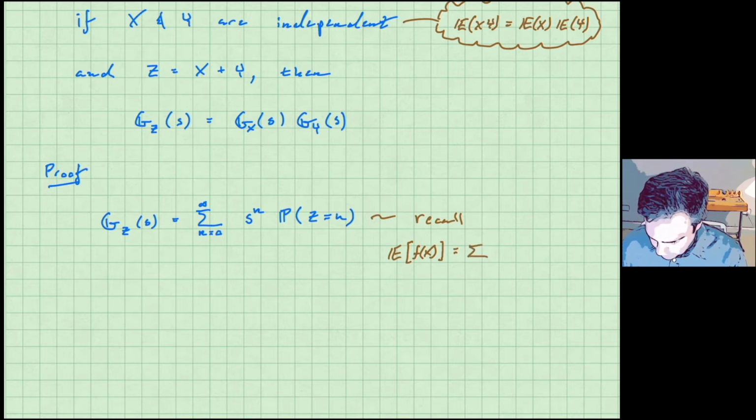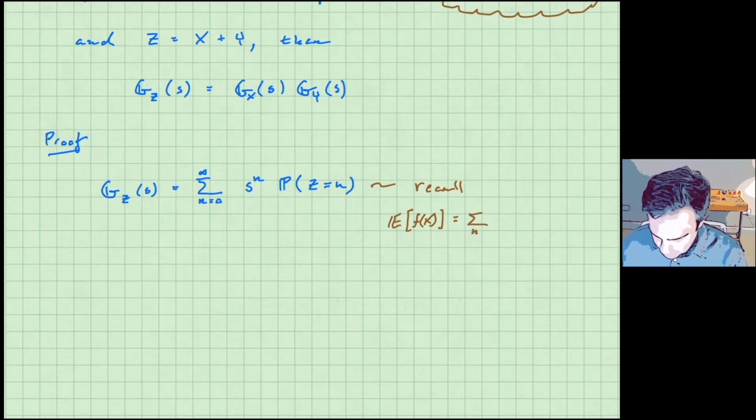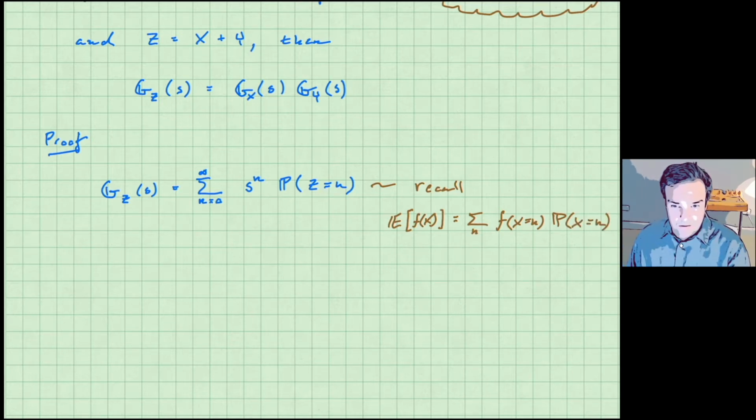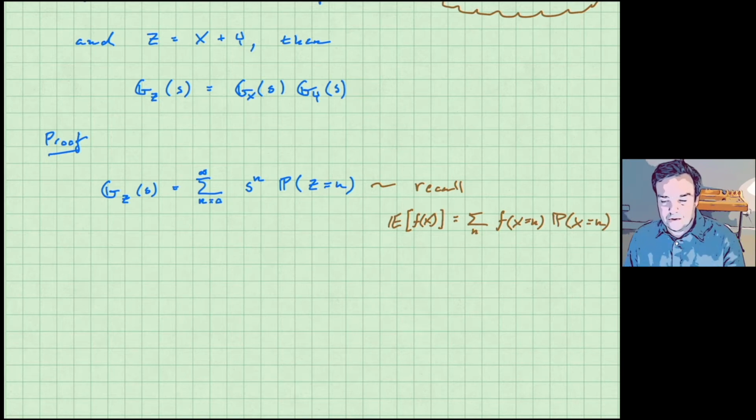So sum over n, and I won't bother to write the boundaries, f of x equals n times the probability mass function. Like that. Right, so that's the expected value of some function of X equals n.